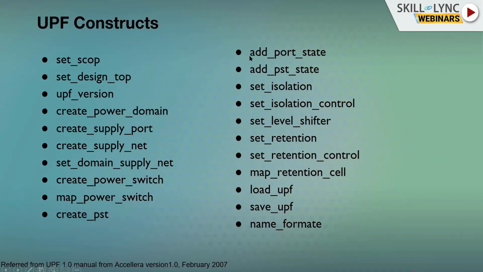That is also dictated in add port state. Another one is add PST state, where you tell, okay, I have defined everything in the port state, and I need to add that port state into my PST table. That is explicitly done with the add PST state command.